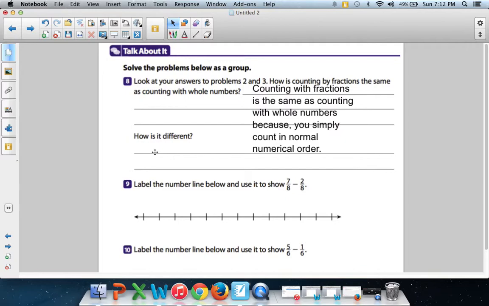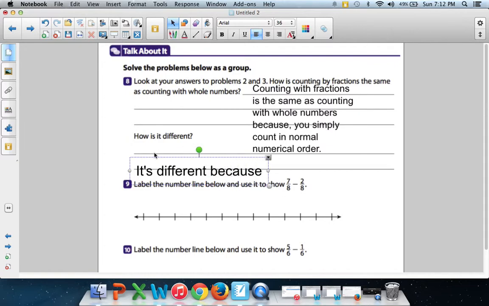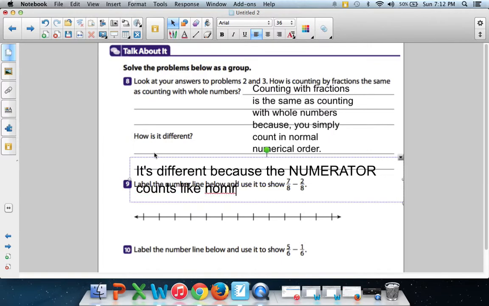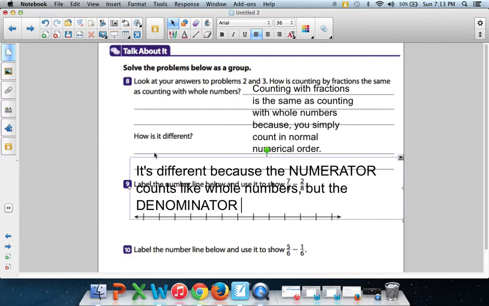It's different because the numerator counts like whole numbers. But the denominator doesn't seem to change.